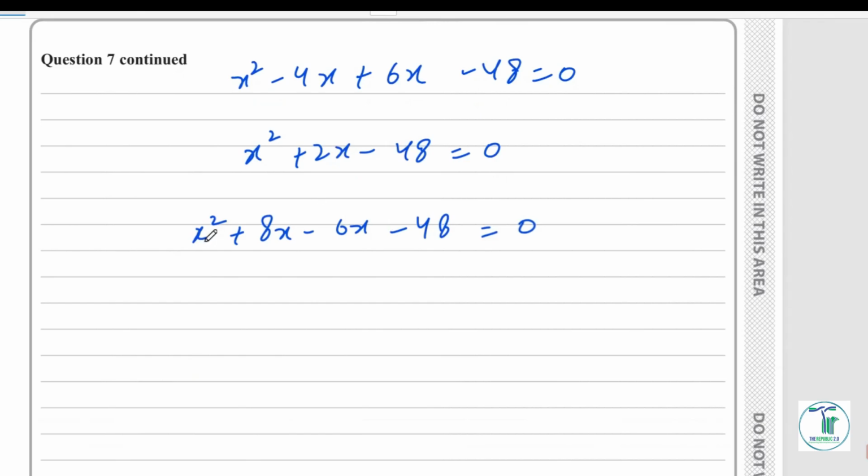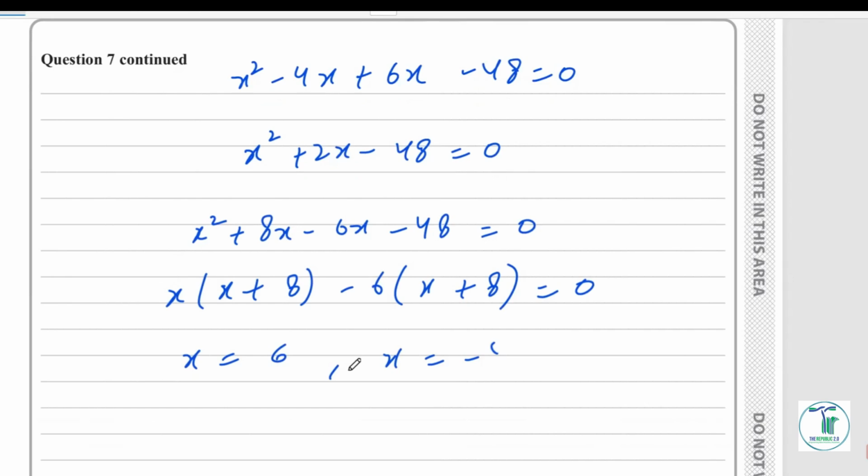The common factor between x squared and 8x has to be x, and you'll be left with x plus 8, minus 6 times (x plus 8) as well equals 0. So the two x coordinates should be x is equal to 6 and x is equal to negative 8. That is how we're going to find these x coordinates.